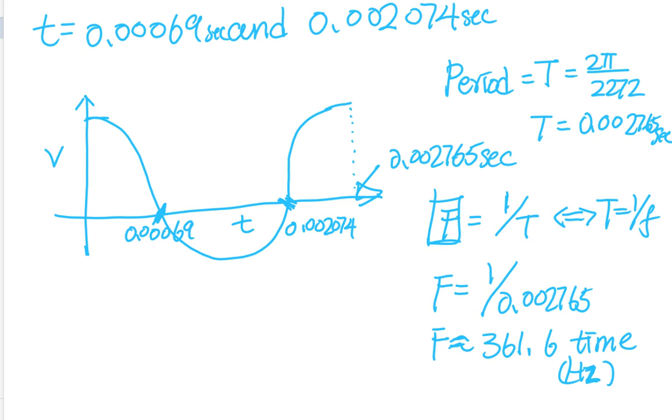It crosses the t-axis twice, so in one period there are 2 moments that it has a velocity of 0.